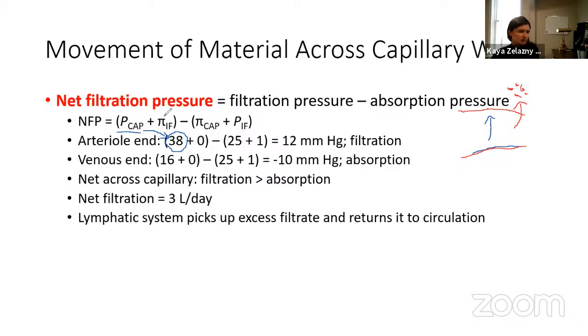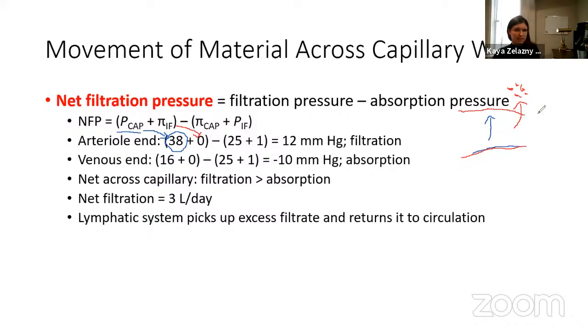We did say that this value for pi IF is between 0 and 1, so it doesn't add substantially. But if you start to think about pathologies or injuries, you may see differences in this. We'll talk about some things that can change the amount of solutes in this space, and that's why we have to remember that it's there, even though right now it's a 0. Okay, so pi IF is 0.